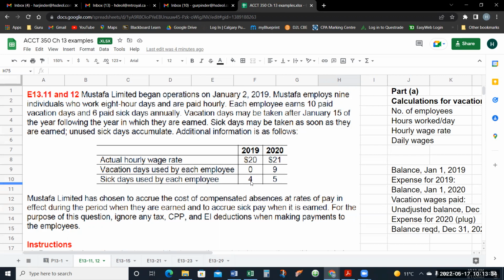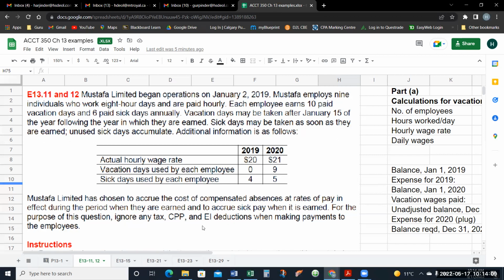And as far as sick days are concerned, each of the 9 employees that Mustafa has used 4 days of sick leave in 2019, and 5 days of sick leave in 2020 each. The company has chosen to accrue the cost of compensated absences at the rates of pay in effect during the period when they're earned, and to accrue sick pay when it is earned. For the purpose of this question, ignore any tax, CPP, and EI deductions when making payments to the employees.